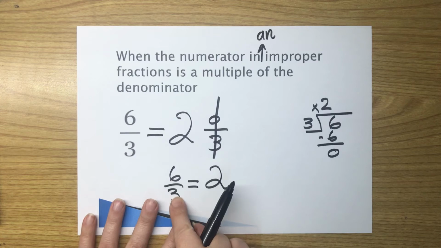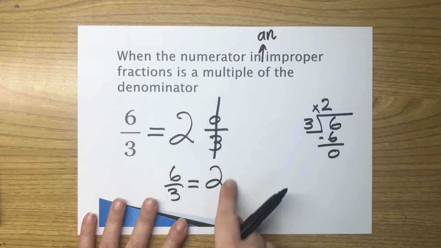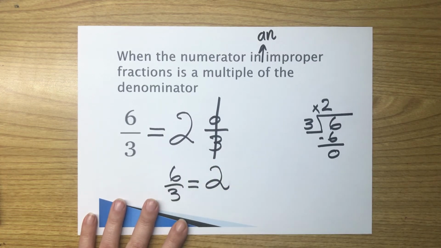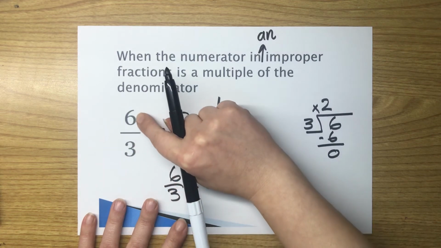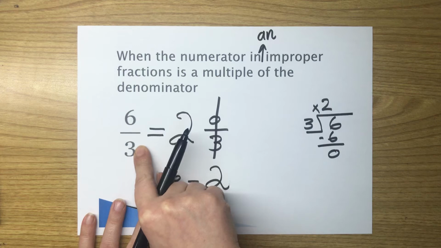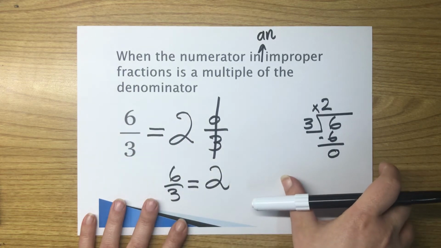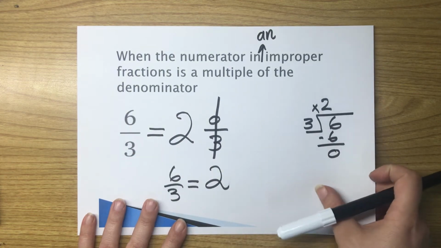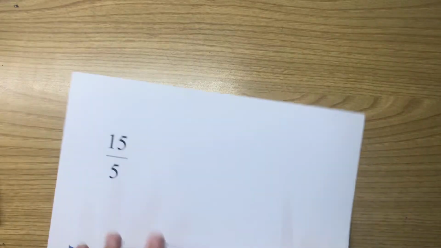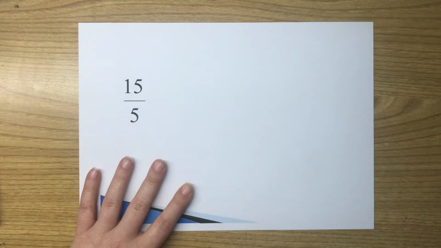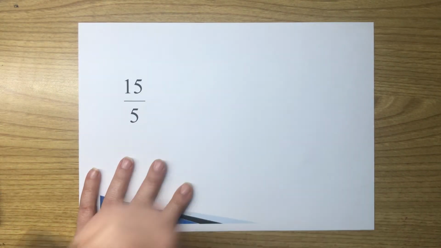So this improper fraction actually is equal to only a whole number, not a mixed number. That's when the numerator is a multiple of the denominator. Remember, what are the multiples? The multiples are the times table for a certain number. Another example for this case, I have 15 over 5. 15 is what?